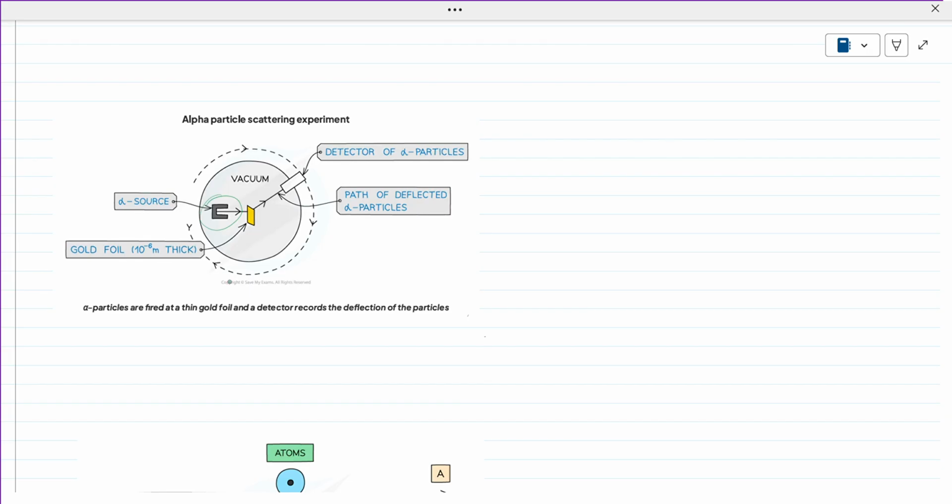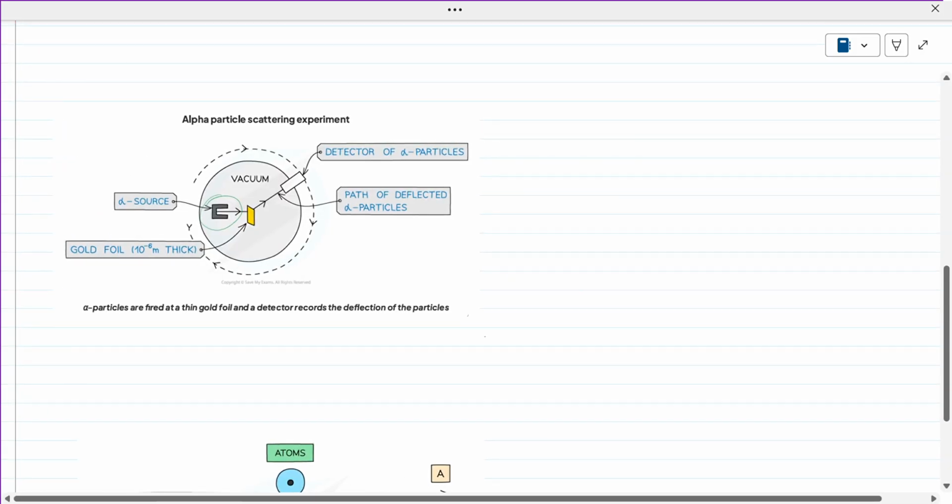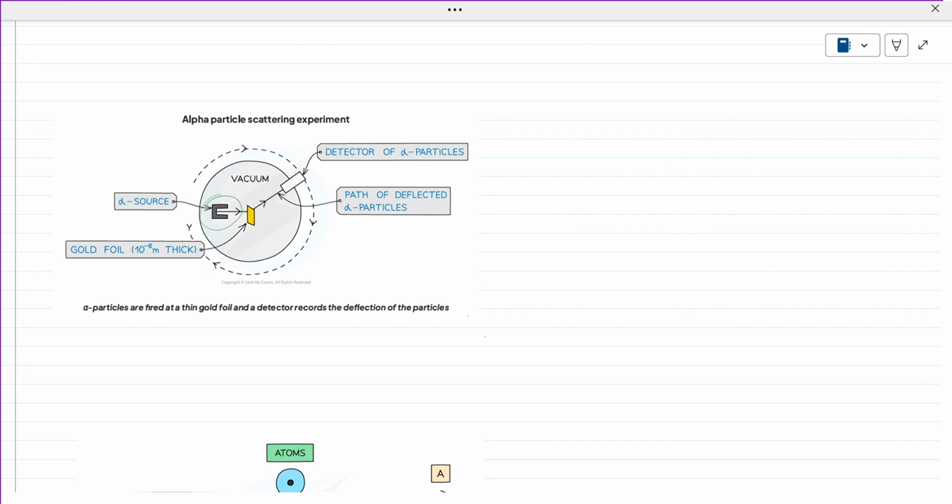The detector of alpha particles is basically a traveling microscope, which is used to observe the angles at which the alpha particles are deflected after passing through the gold foil. One by one we are going to discuss all the parts that we used in this experiment.